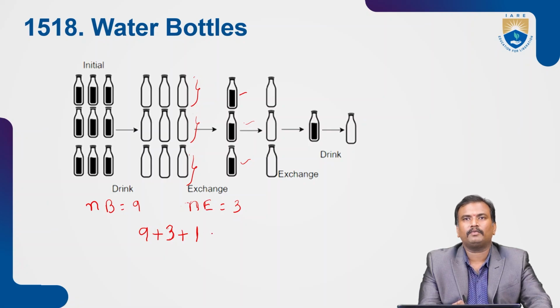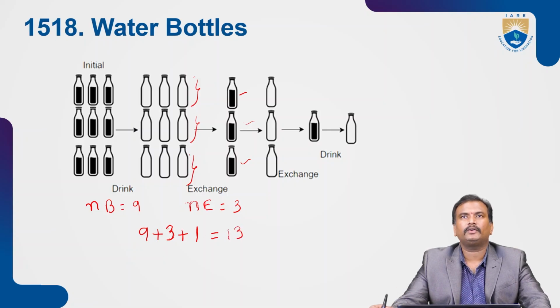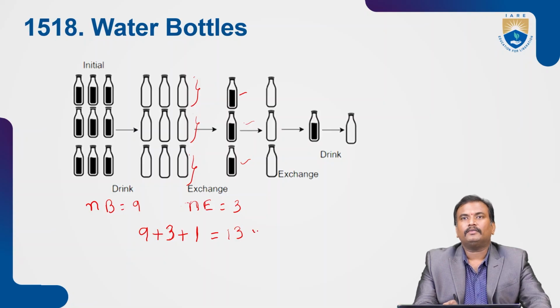So the total number of bottles which we can drink is 9 plus 3, 12, plus 1, 13. This is the example which we need to do. We need to solve the question by using this concept. We need to return the number of bottles which you can drink.